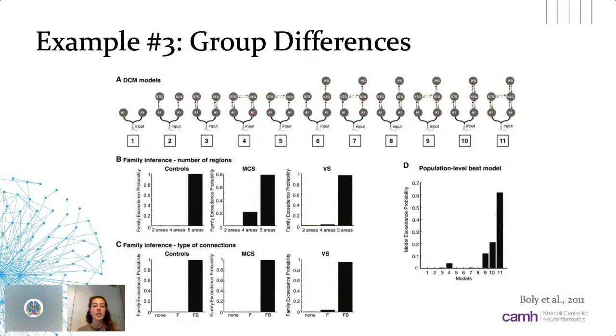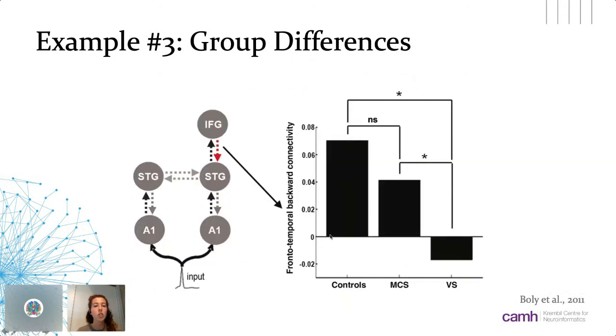So then using these connectivity parameters, the authors looked at group differences. And these are the parameters, sorry, from the best fitting model, so model 11. And so the only significant effect was on this backward connection between the right IFG and right STG.